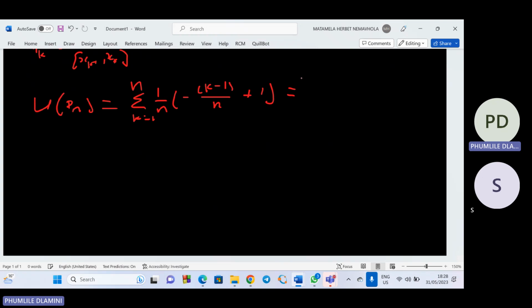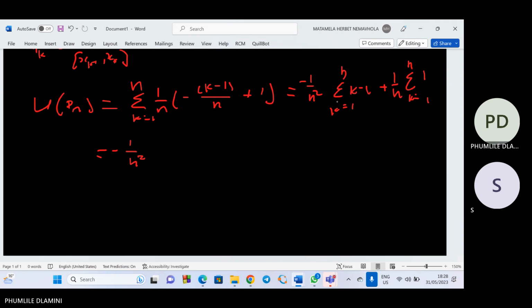So this is the same as 1 over n squared, the sum from k equals 1 to n, we can take the minus here, of k minus 1, plus 1 over n, the sum of k equals 1 to n of 1 for this one here. Then this is going to be minus 1 over n squared of this one here.